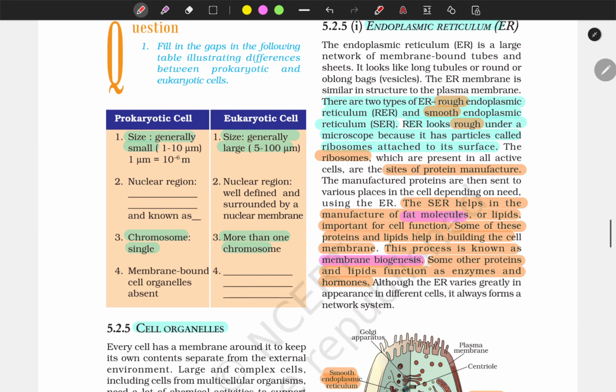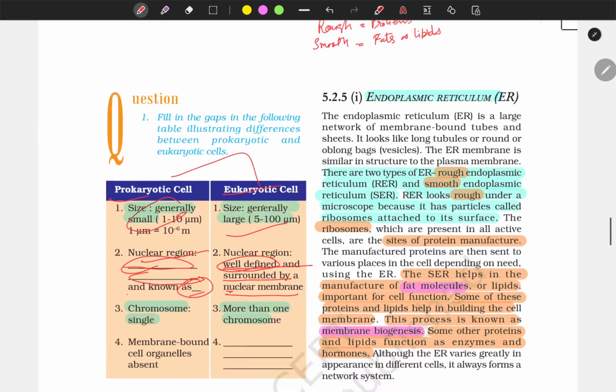So there is a difference between prokaryotic and eukaryotic cells. The size is generally small in prokaryotes and large in eukaryotes. The nuclear region is not well defined in prokaryotes, while in eukaryotes it is well defined and surrounded by a nuclear membrane.